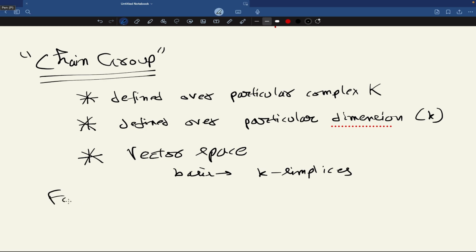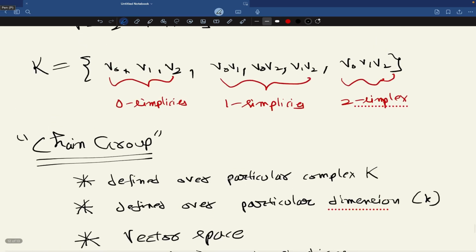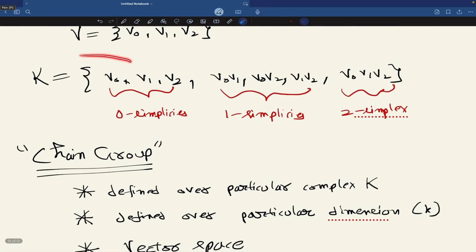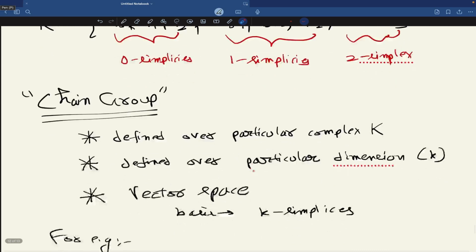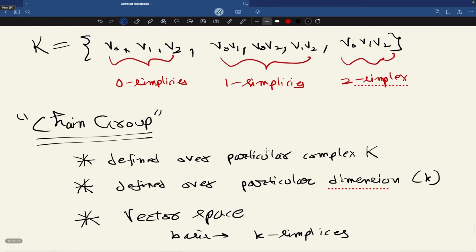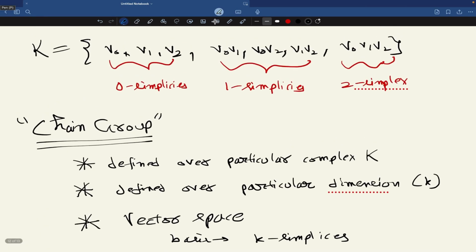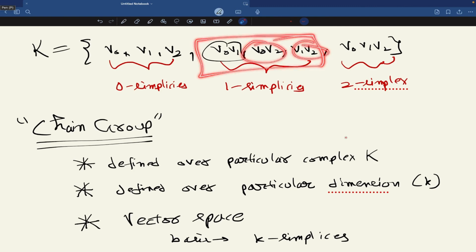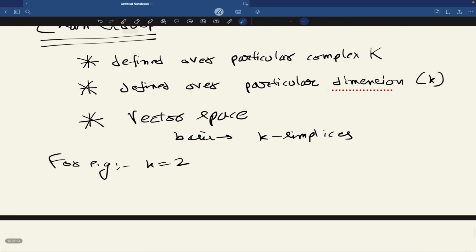For example, if I take this complex K and dimension k equal to 1, then v0 v1, v0 v2, v1 v2 will become my 3 bases.